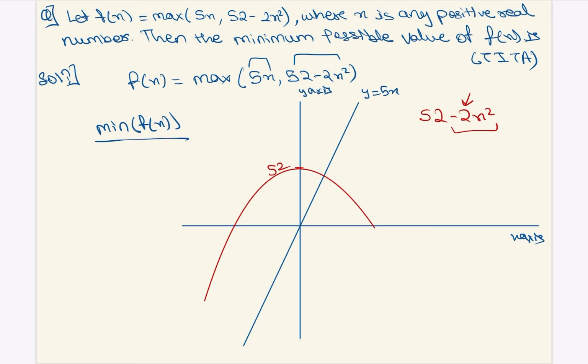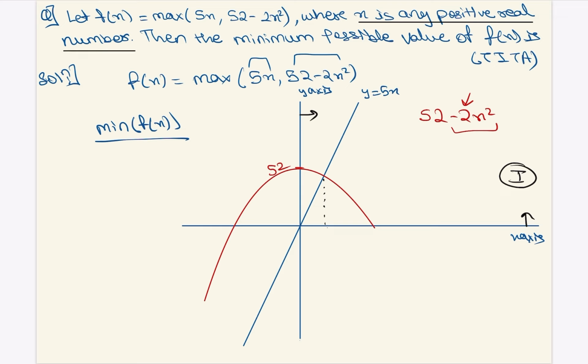Now as you can see, here is my intersection point of these two curves. Now I need to just look at this quadrant, quadrant number 1. Why? Because it is given that x is any positive real number, so I'll just look into the first quadrant.